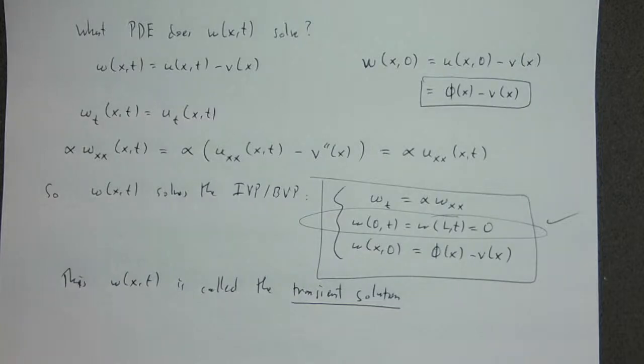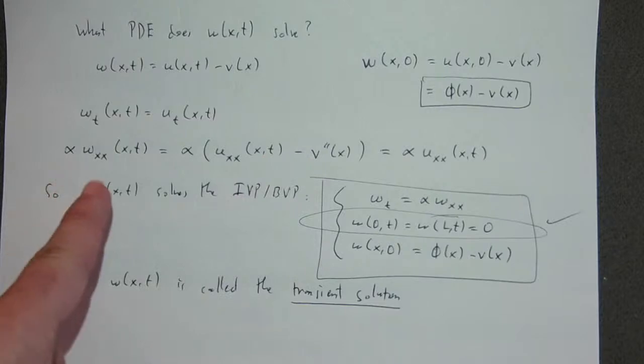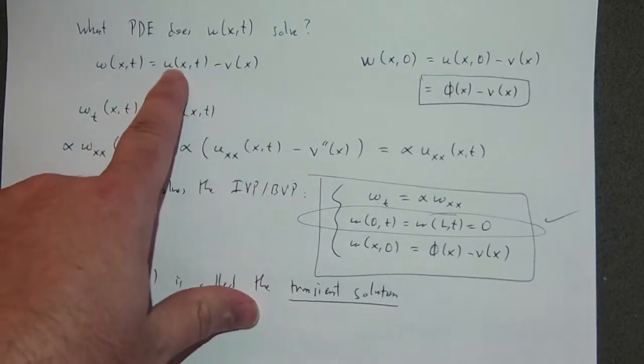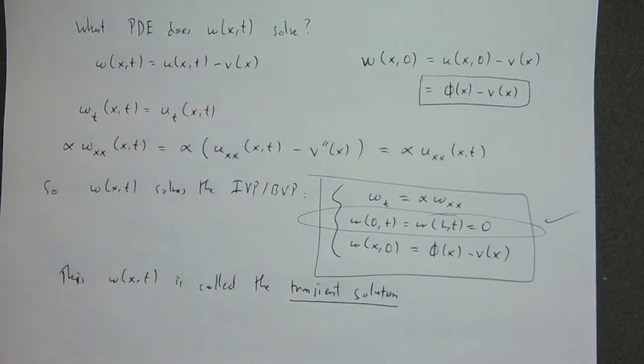Think of the terminology here, steady state versus transient. What is W? It's the part of the solution U where I've subtracted off the steady state solution. So calling it the transient solution definitely makes sense. That's good terminology. And so what do I do?